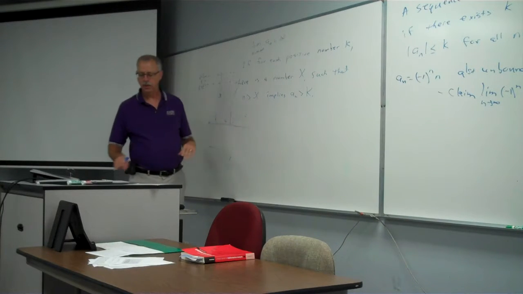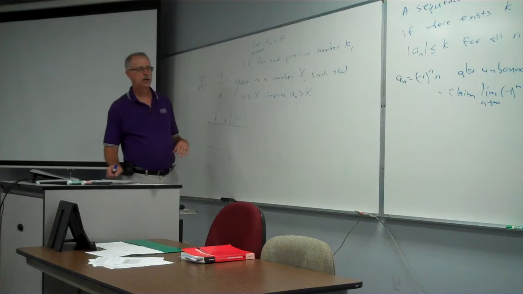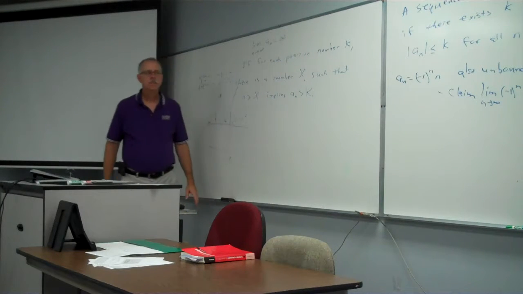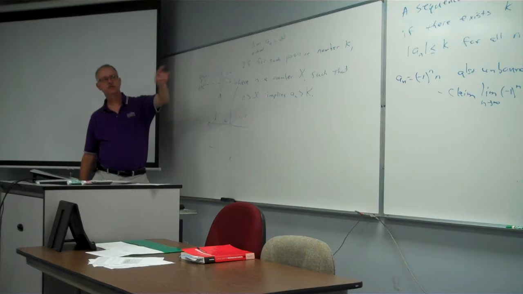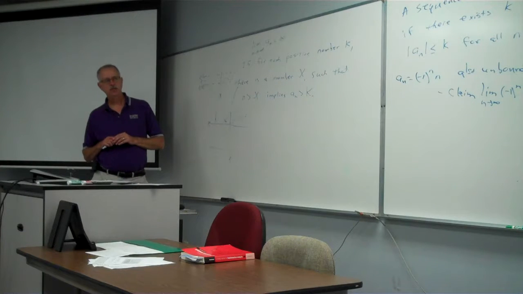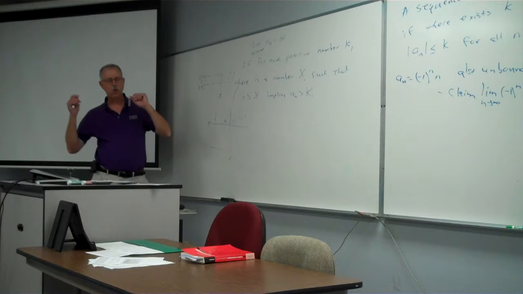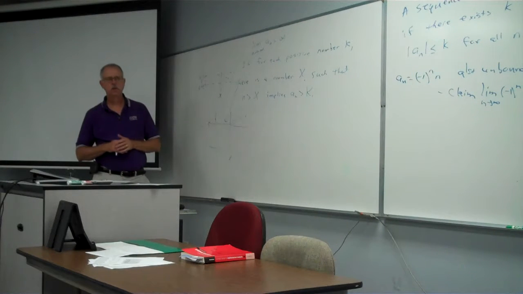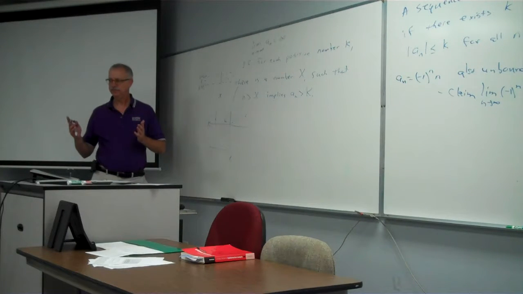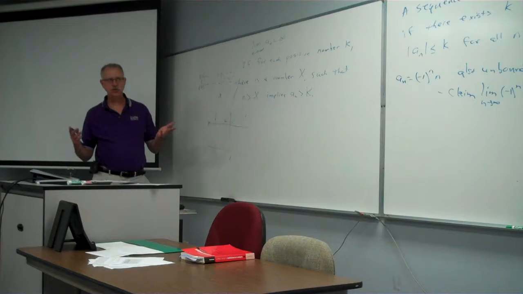So we can work with that idea. But the advantage the subsequence rules have is we don't have to figure out what the whole sequence is doing. If we can figure out what part of the sequence is doing, and part of the sequence is behaving badly, then the whole sequence does.